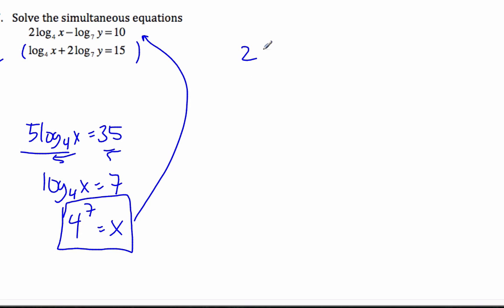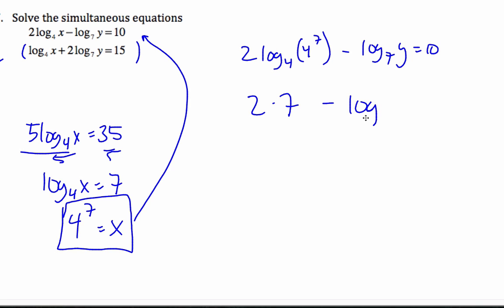So it's 2 log base 4 of 4 to the power 7 minus log base 7 of y is equal to 10. Well, these are inverses, so it's going to be 7 times 2, that's 14, minus log base 7 of y is equal to 10. Subtract 14 and that gives -4.